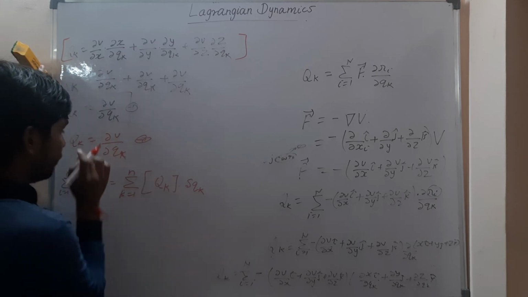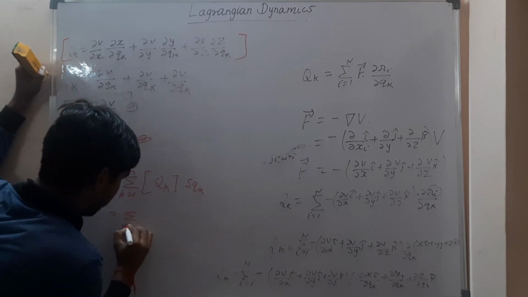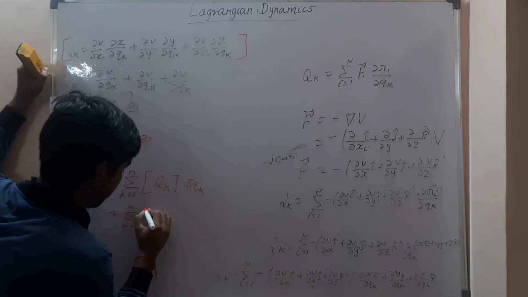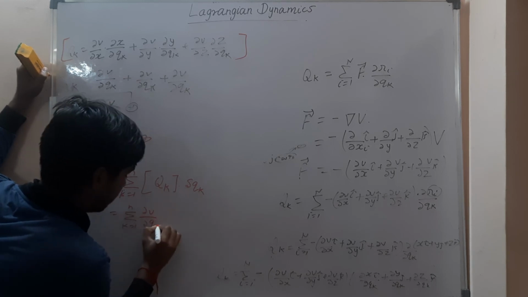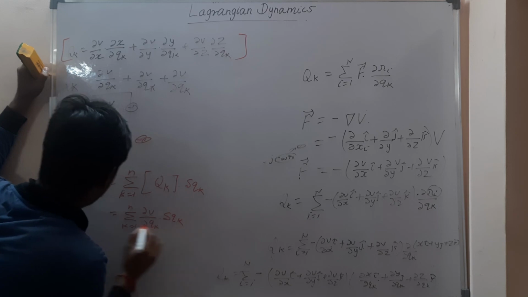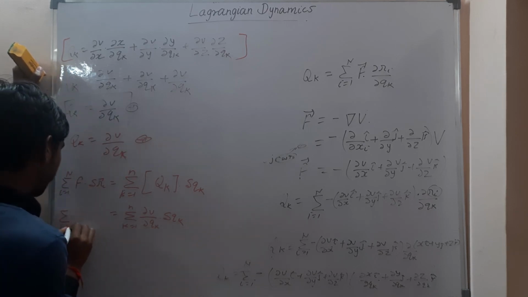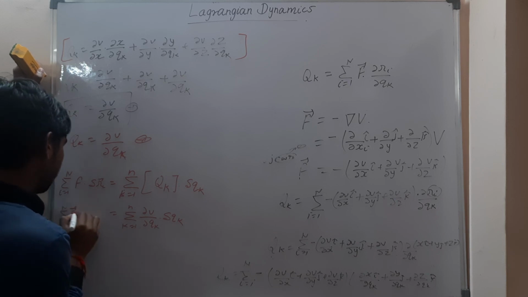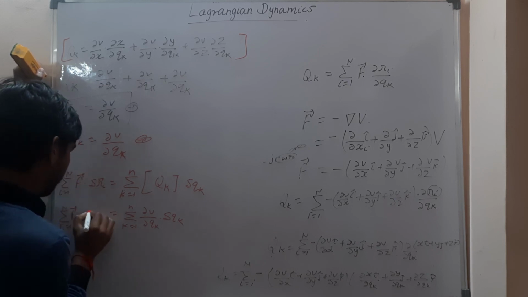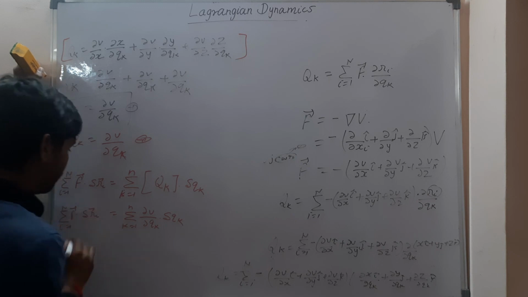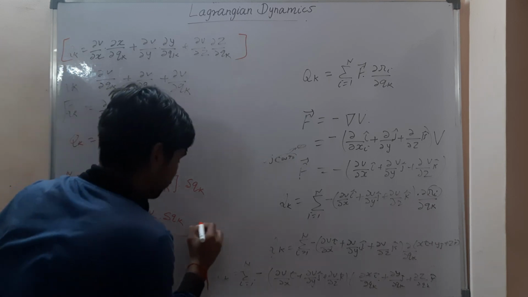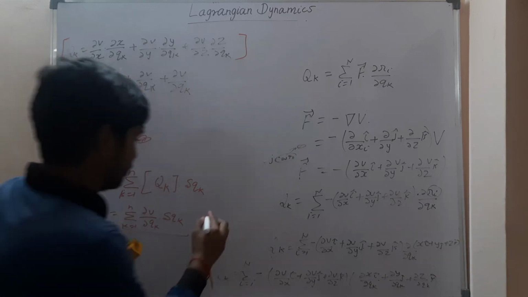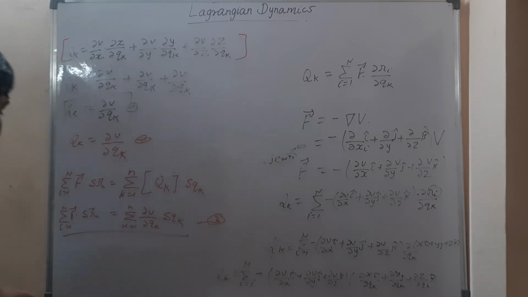If we keep the qk value back, it will be k equals 1 to small n. This is the value of the left hand side, the value of equation number 2 or 3, whatever. Let me write it, equation number 3.